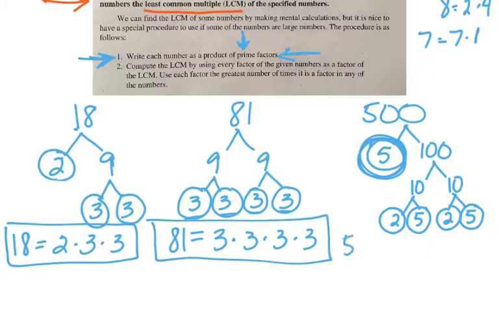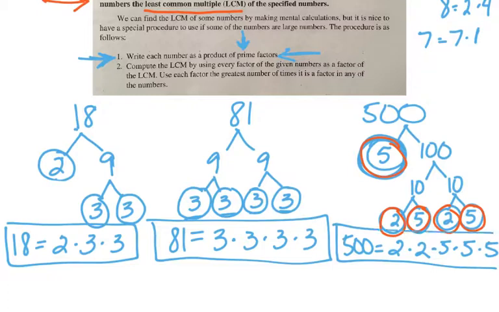So when I write my list of prime factors that equal 500, I have 2 2s, 2 times 2, and then I have 1, 2, 3 5s. So I have to make sure to include all 3. Can't leave any out.